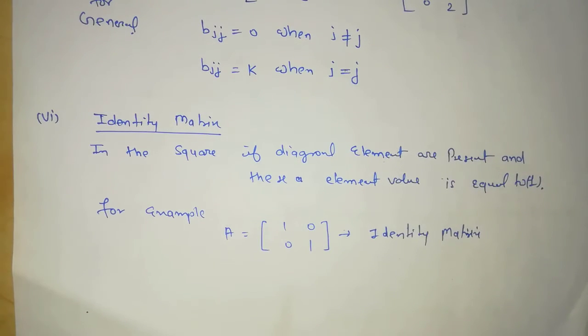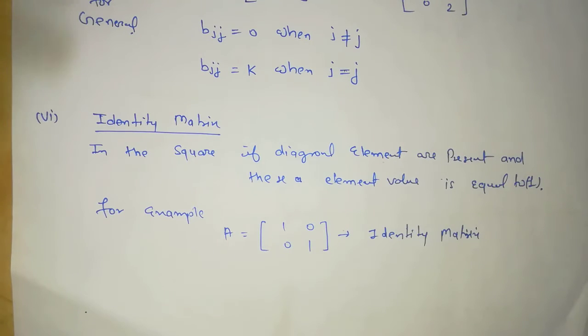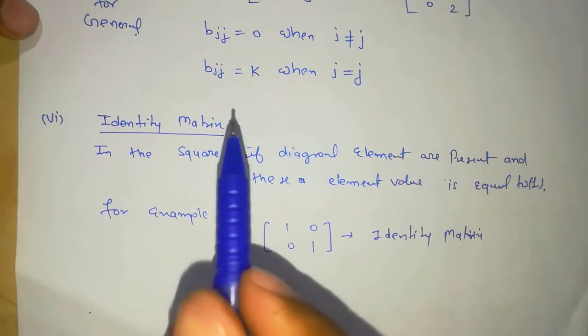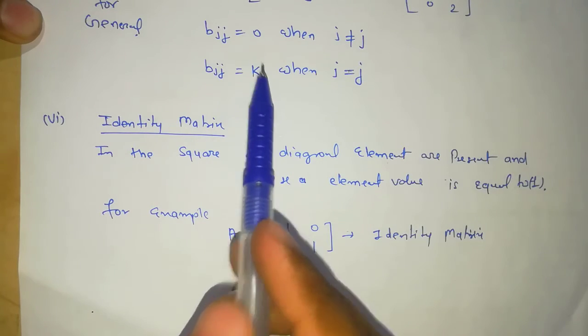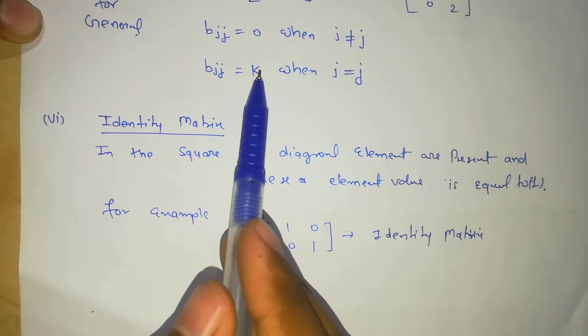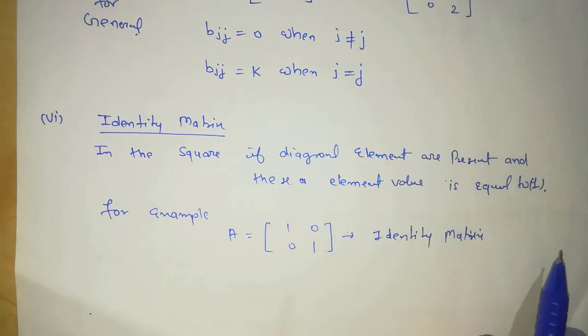The scalar matrix is also said to be an identity matrix when the value of k equals 1.